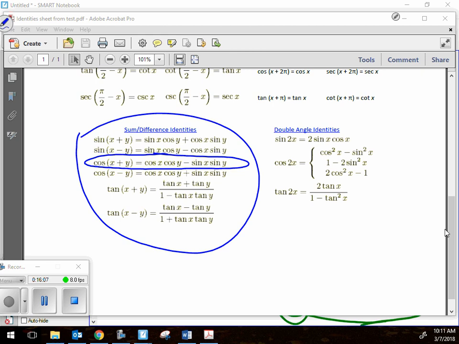How about the cosine of 2x? Well, it'd be cool if you knew one of them. If I was going to pick anything to know, it would be this one, because this can be simplified down to this, which can be simplified to that. Those three all can be derived from each other.